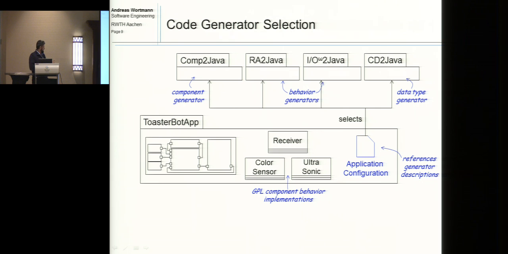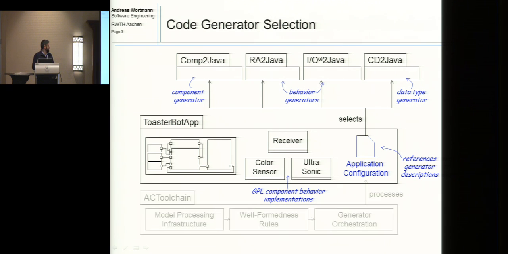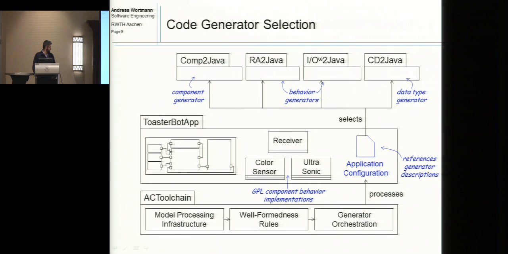So far, we have seen what a generator is for us, something that employs a generator description, and the generator selection is straightforward. It's 5 lines in that model, and basically only generator names and a reference to the architecture they are applied to. We now look into the composition mechanism, which employs the application configuration toolchain that again processes these models.